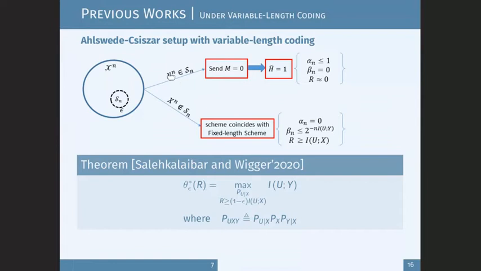So now if the observed sequence X^n lies in the set S_n, we will just send a single bit, m equals 0, and then when the receiver receives this message, it will decide that we are under the alternative hypothesis. In such scenarios, the type 1 error probability is upper bounded by 1, which is not actually the allowed threshold, but let's remember that this is happening only with probability epsilon.